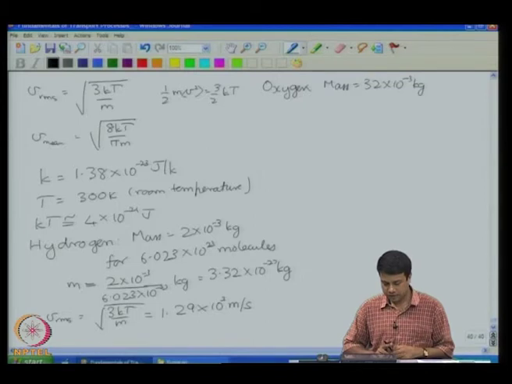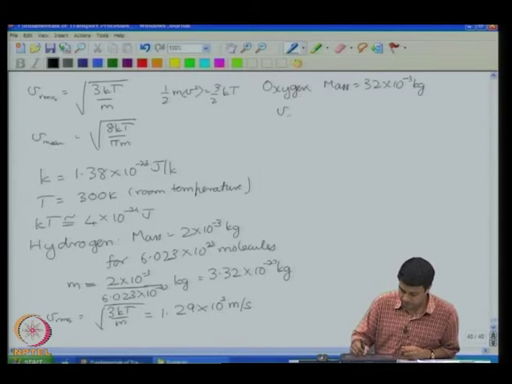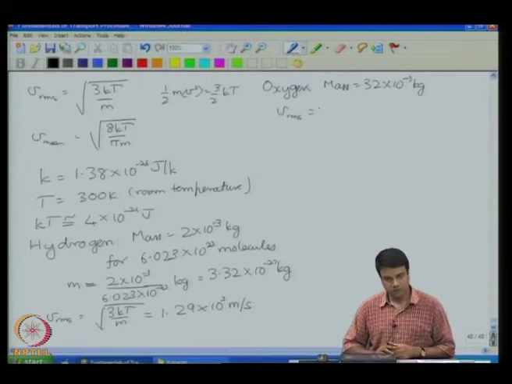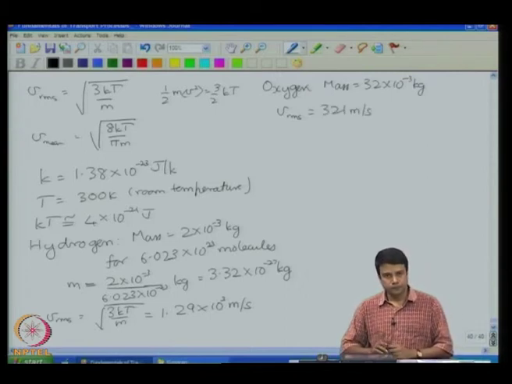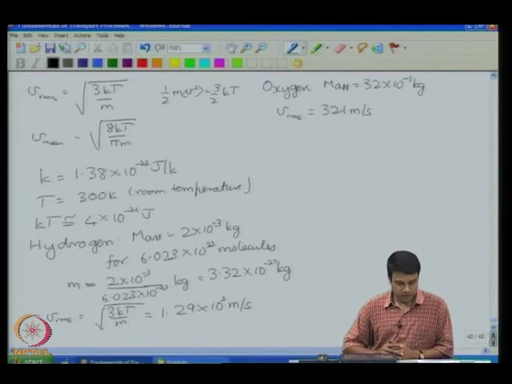Therefore, the RMS velocity will be about 1 by 4 times that of hydrogen, and my calculation shows about 321 meters per second. So, this is the magnitude of the fluctuating velocity of the gas molecules. You can see they are quite large: 1000 meters per second for hydrogen, more than a kilometer a second, and for oxygen about 321.